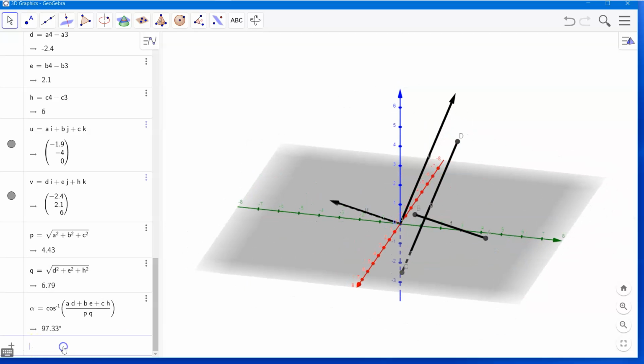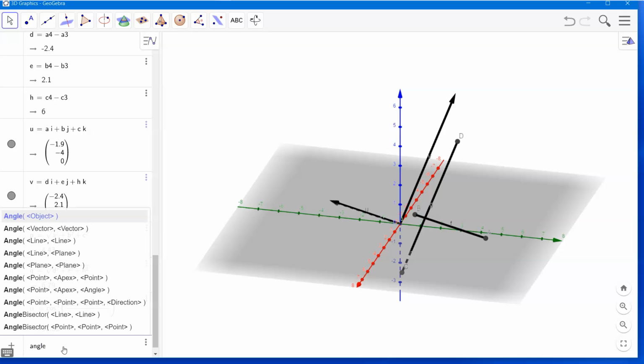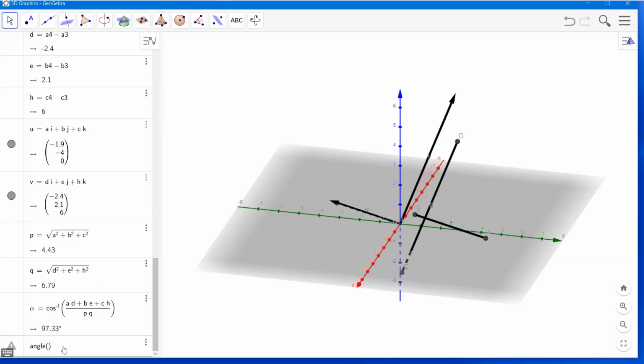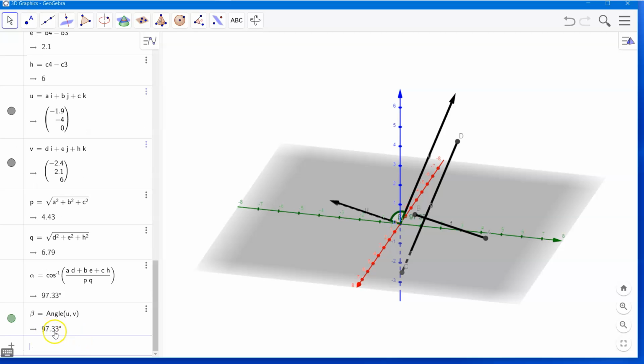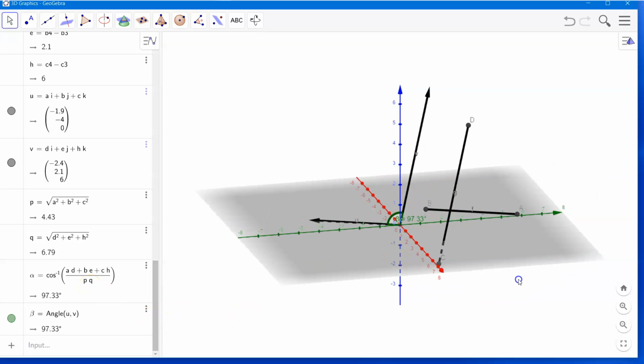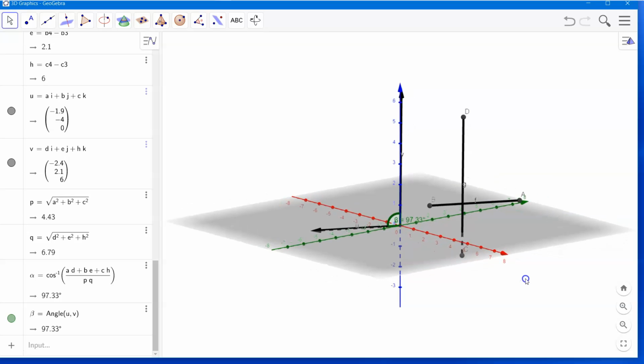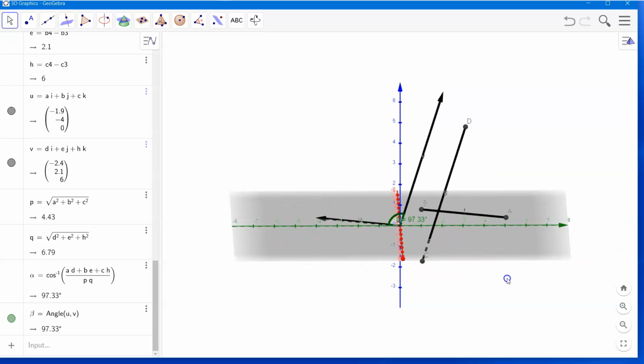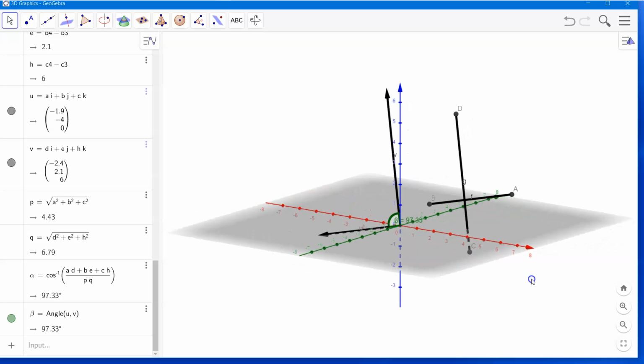Now GeoGebra itself gives us a function, angle between vector u and v. So that is also 97.33. Maybe internally it is using the same formulas for calculating the angle. Of course, when you see intersecting lines, it is not just one single angle.